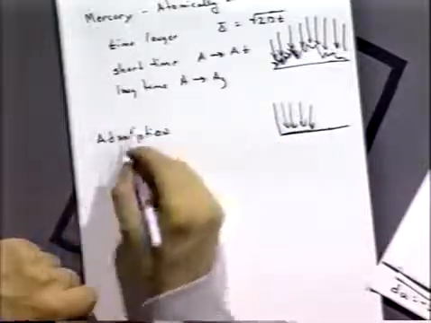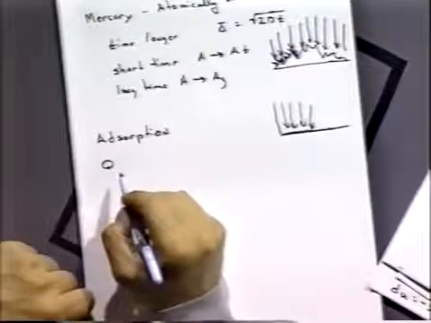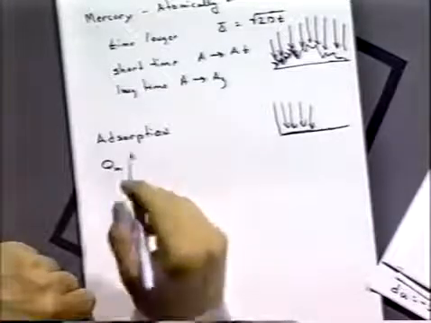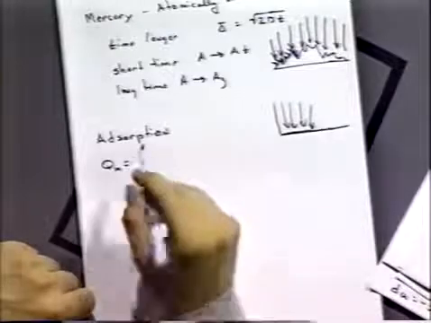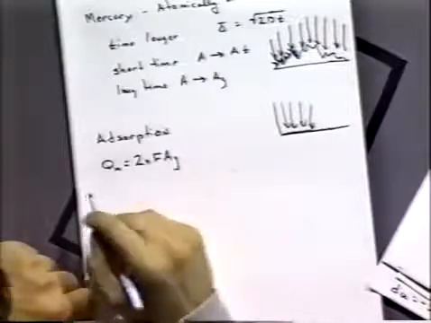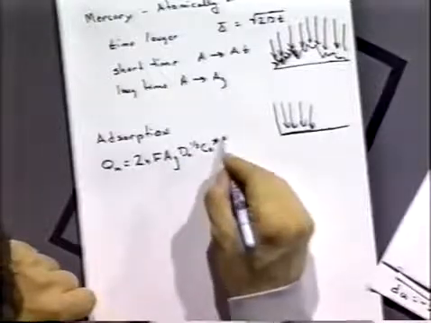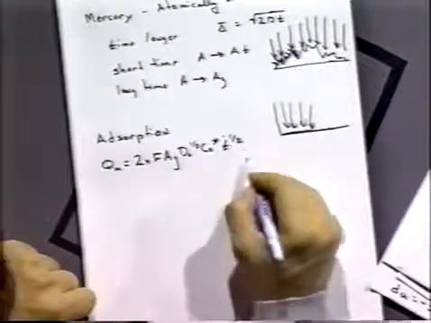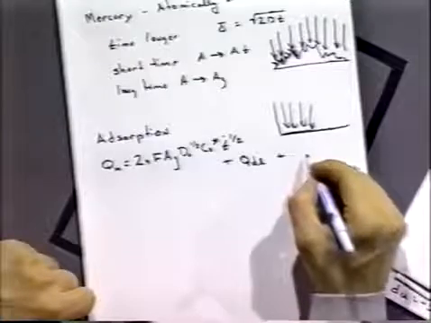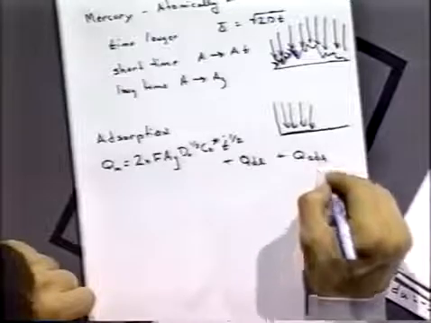And so Q, the measured amount of charge, is going to be equal to 2 times NFA geometric dO C0 star T to the 1/2 plus terms that are due to the double layer charging, plus what we're really interested in is the charge due to the adsorbed molecule.